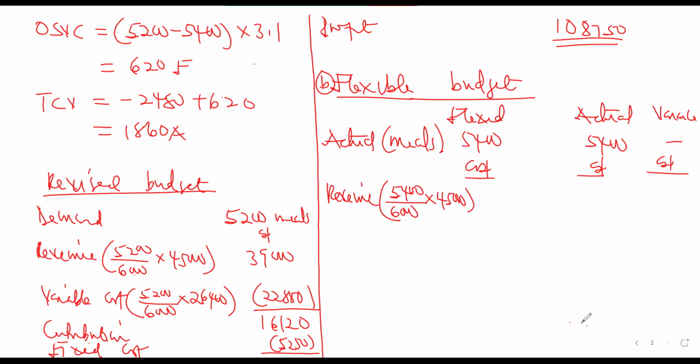Or you can also calculate that like this. We are saying that we are going to be getting 45,000 from selling 6,000. So what will be the price per meal? 7.5.